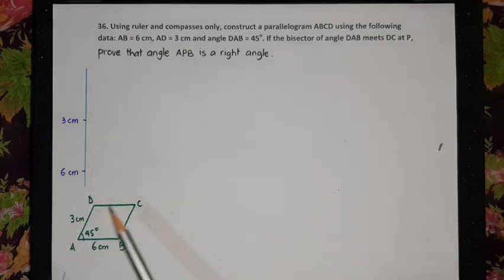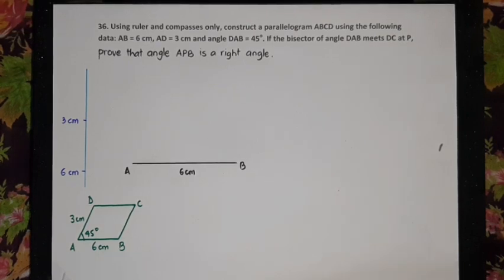Okay, so this is your rough diagram. AD is given to be 3 cm, AB is given to be 6 cm, and this angle is given to be 45 degrees. So let me quickly construct my parallelogram. Here I have taken AB equal to 6 cm.